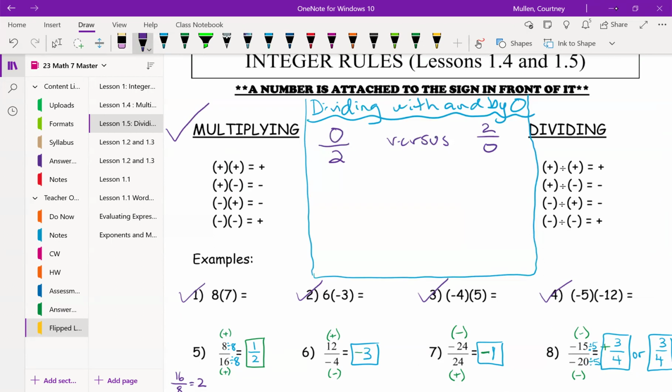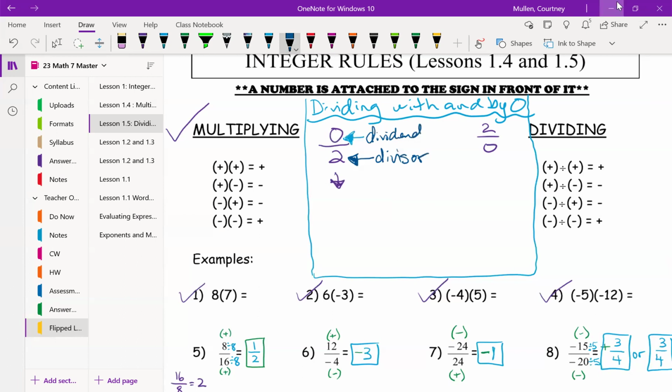Well, let's see. Let's talk about vocabulary. The 0 is called the numerator, or another word for it, do you remember? The dividend. So in this case, the 2 would be called the denominator or the divisor.